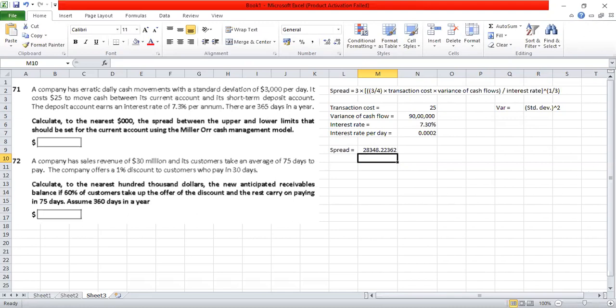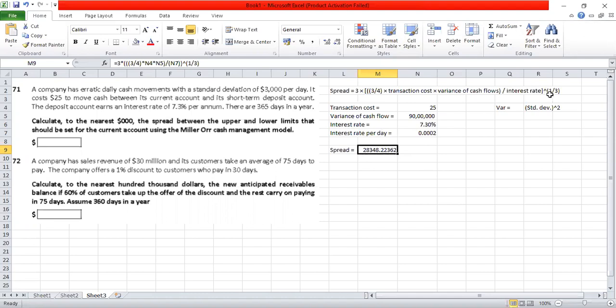Ma'am, where will we take the power of 1 by 3? In the formula you have written interest rate, and after the interest rate, to the power of 1/3.